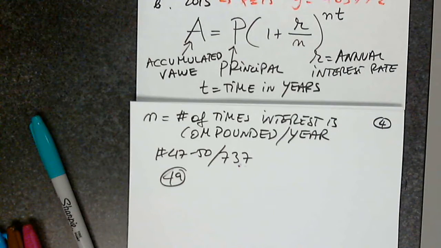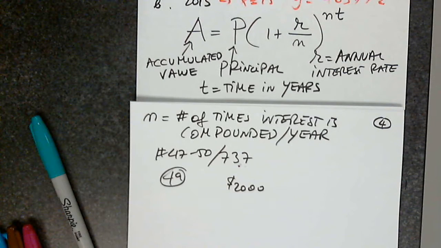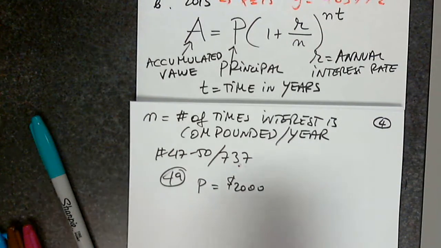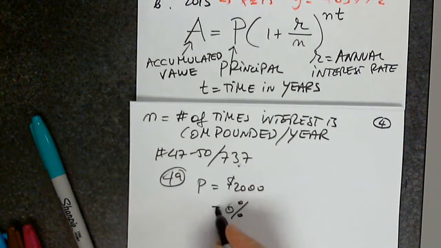Find the total amount Janina had in a college savings account if $2,000 was invested. Which variable is $2,000 was invested? The amount was invested. Principal, of course. Thank you very much. And earned 6%. Although I cannot use 6%, which variable is 6%?